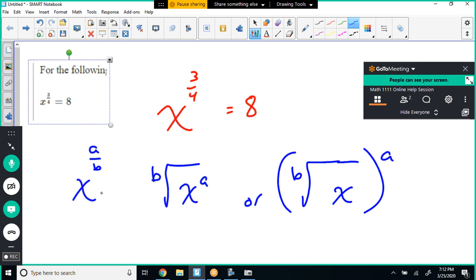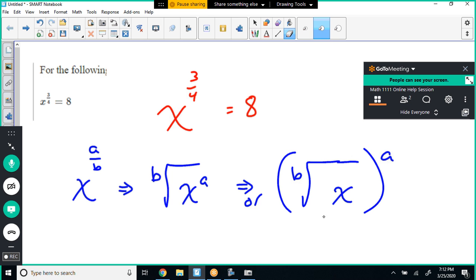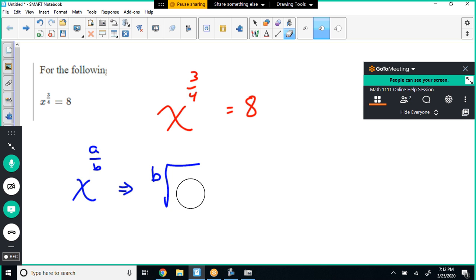So I could take this x to the a over b, make it look like that, or in terms of the other one. So rational numbers are fraction numbers that can be expressed in the form of a over b, right? So that's how that comes about. Now, but I want to show you something real quick. That's theory, right?